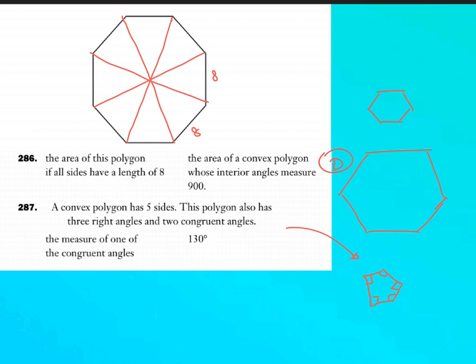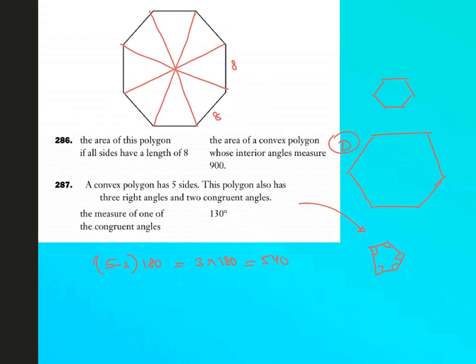So first thing, to find the congruent angle, I have to find the total angle first. Total angle in a pentagon is 5 minus 2 into 180. That's 3 into 180, which is 540. Now out of this 540, there are 3 right angles, which means 270. So from this 540, if I remove the 3 right angles, that's 540 minus 270, which is 270.